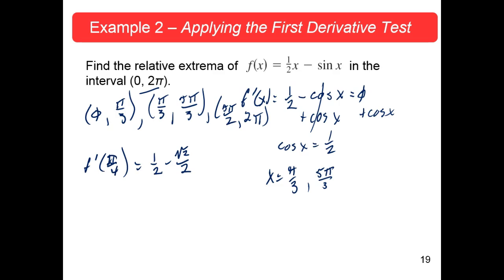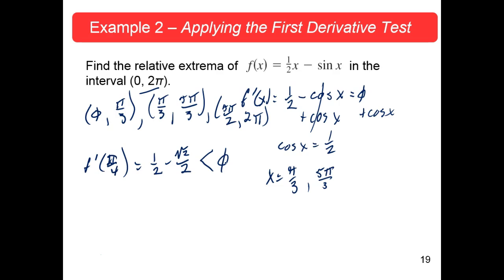I'm just interested in the sign of it, okay? And what is that? It basically comes down to which is greater, 1 or root 2? Root 2 is greater. So this has to be less than 0.